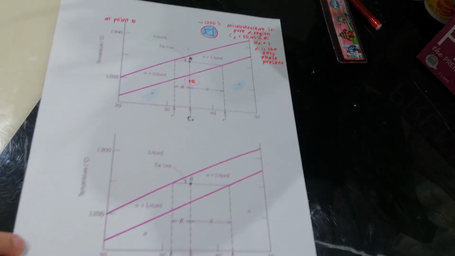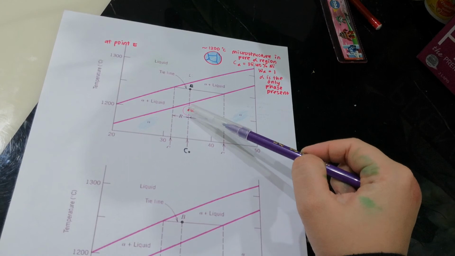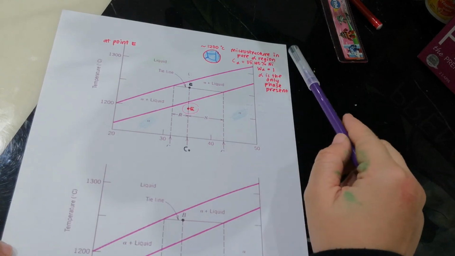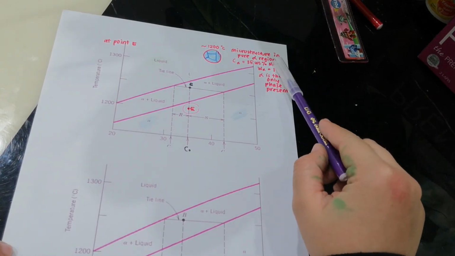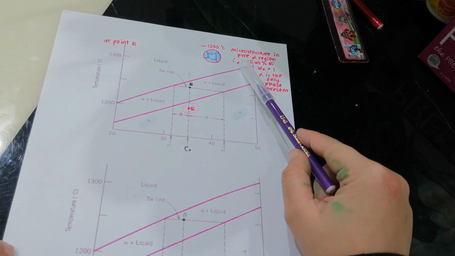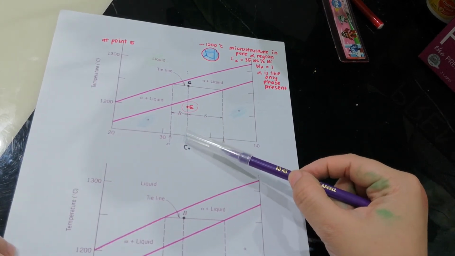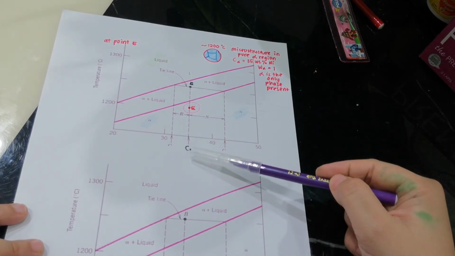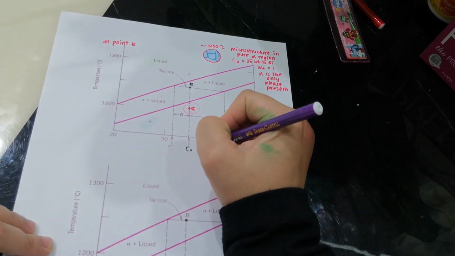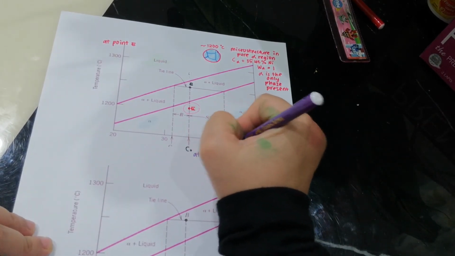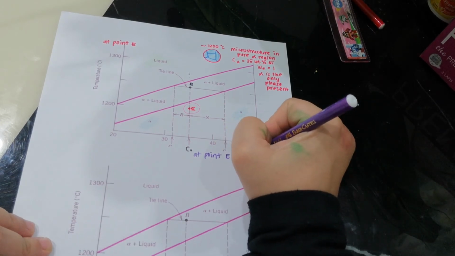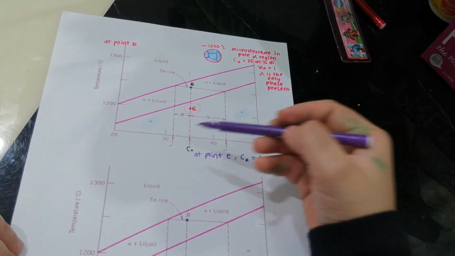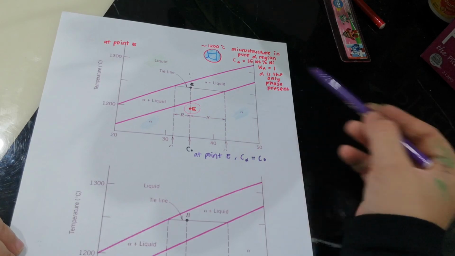Looking at point E, at about 1200 degrees Celsius, the microstructure here is in the pure solid region, and we can say that the composition of solid is equal to the overall composition given here, which is 35 weight percent nickel.